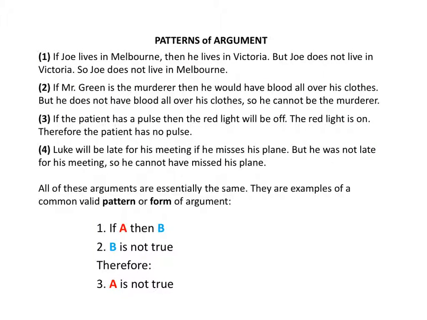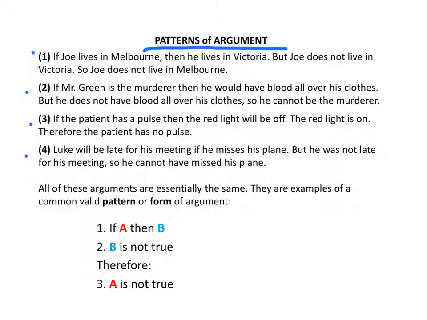So the next idea to get clear on is the idea of a pattern or form of argument. If you look at the four arguments here, you will see that although they're all quite different in terms of their content, they're also very similar to each other in a certain way. They all have two premises and a conclusion, and the first premise states a conditional claim.